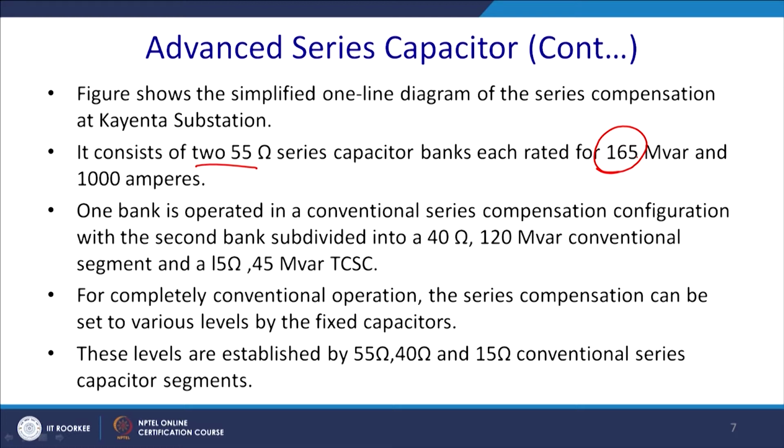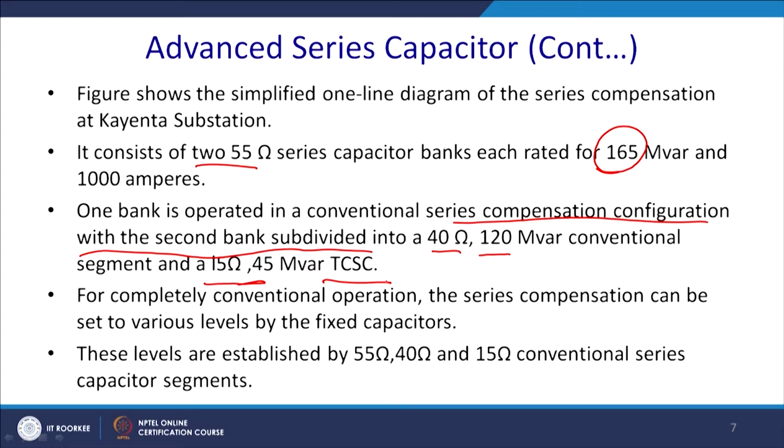One bank operates in a conventional series compensation configuration, with the second bank subdivided into a 40 ohm, 120 megavar conventional segment, and a 15 to 45 ohm, changeable megavar segment with TCSC.